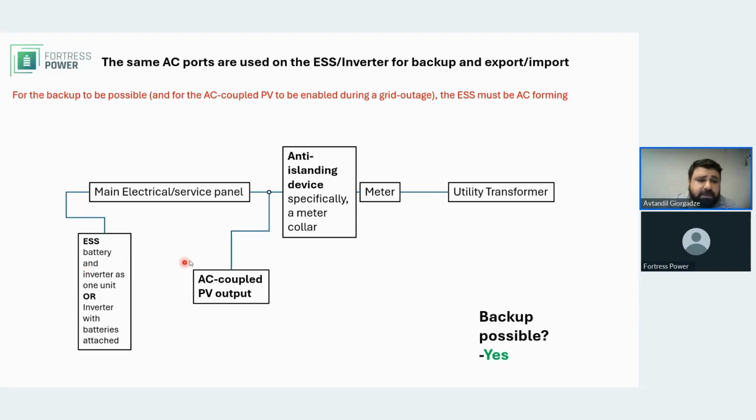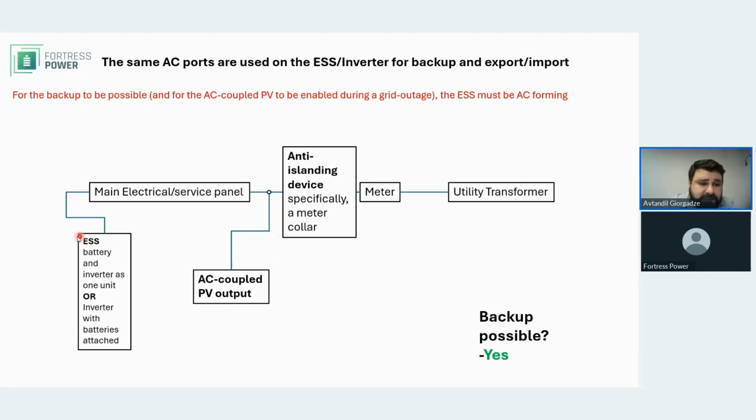In some cases, you cannot connect the AC coupled PV directly to the energy storage system. You need to connect it somewhere upstream of it for it to be able to utilize it. But still, that AC coupled PV is between the anti-islanding device and the energy storage.